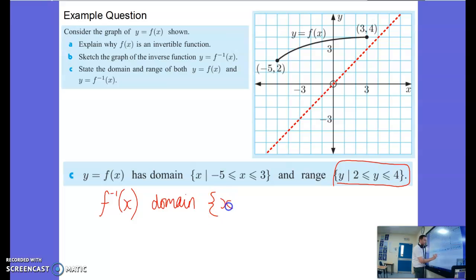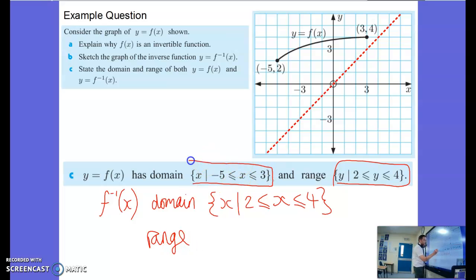So my x is going to be between 2 and 4. And for the range, I can just take it from there. I could look at the graph I had also, but very useful to be able to just take what it is in here, swap that for a y basically. So y is going to be between minus 5 and 3.